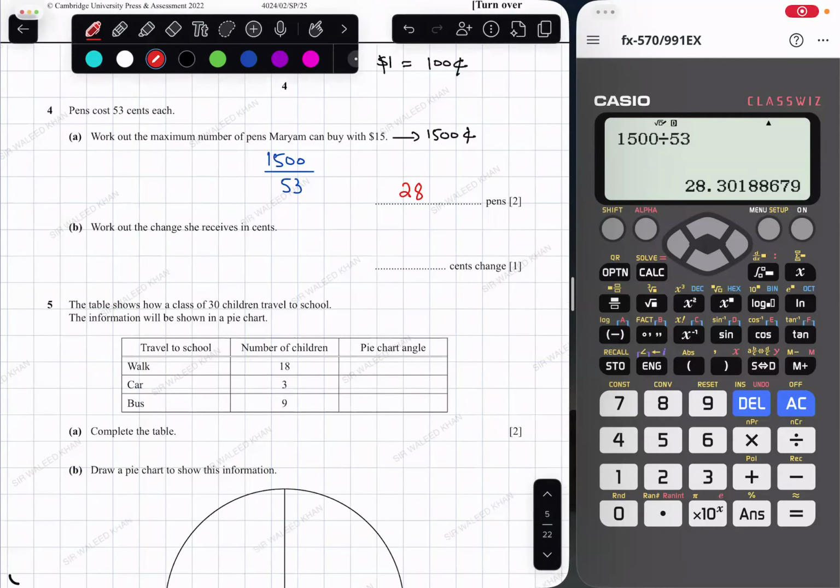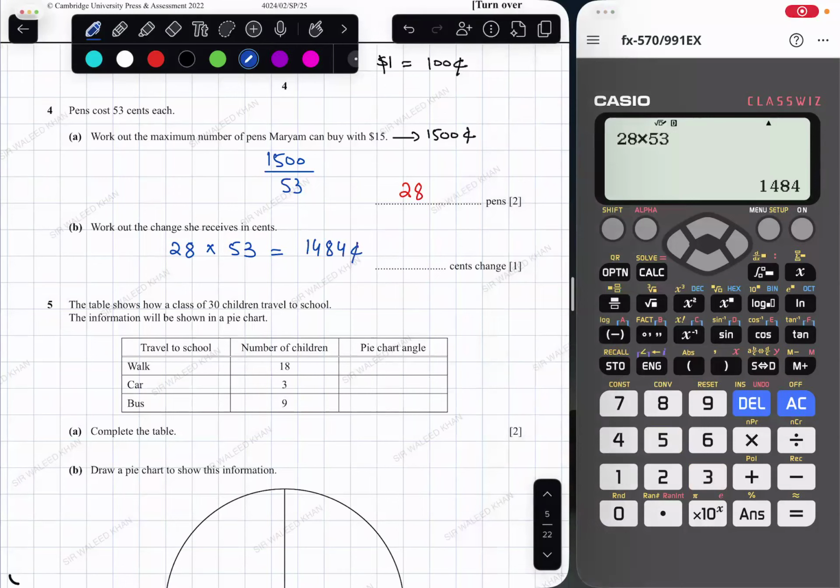Work out the change she receives in cents. So if she's buying 28 pens and each pen is costing 53 cents, that is going to give us the cost, which is 1484 cents.